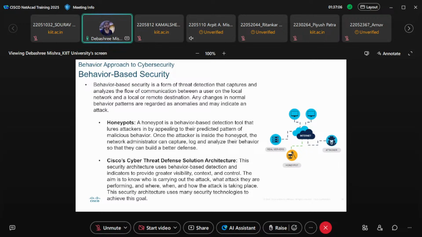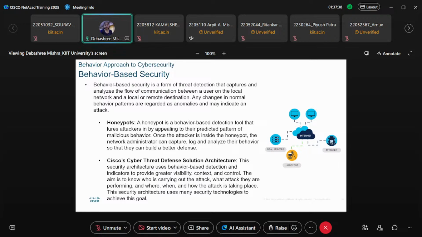Here we have honeypots. In these honeypots, we are basically checking and detecting the behavior of attackers. Honeypots are tools that lure the attackers by appealing to their predicted patterns of malicious behavior. Once the attacker is inside the honeypot, the network admin can detect or capture them and logs are generated.